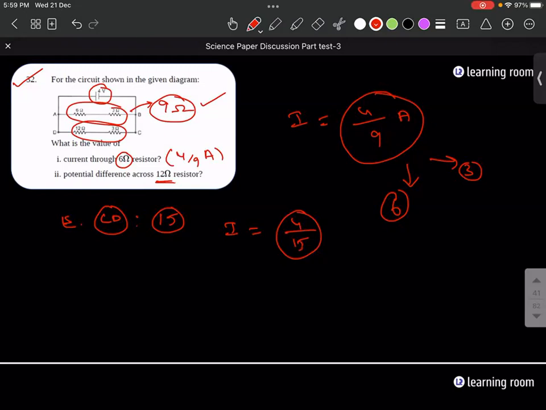The same amount of current flows through the 12 ohm and the 3 ohm resistors. So the potential difference across 12 ohm will be the current through it, 4 by 15, into R, that is 12. So the answer should be 48 divided by 15 volt.